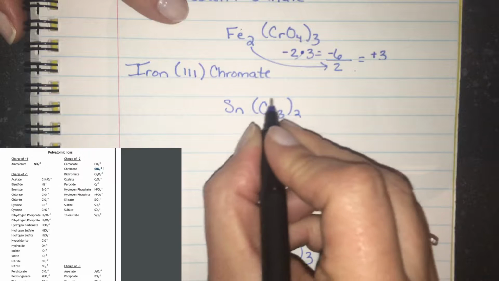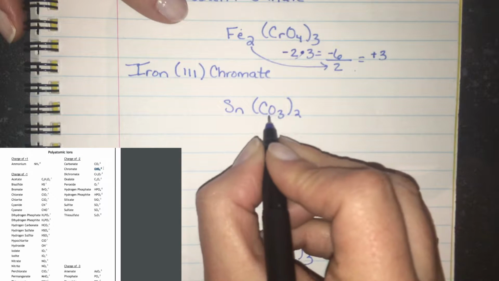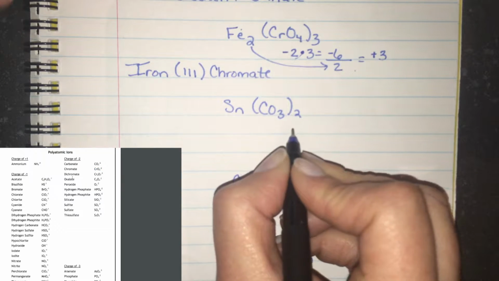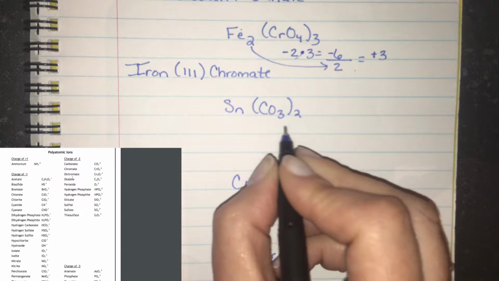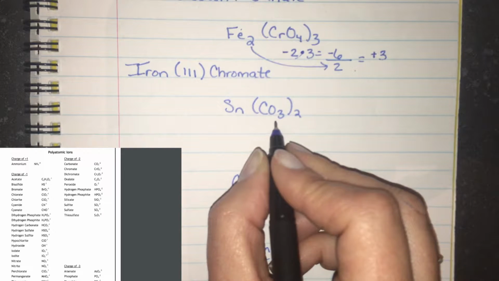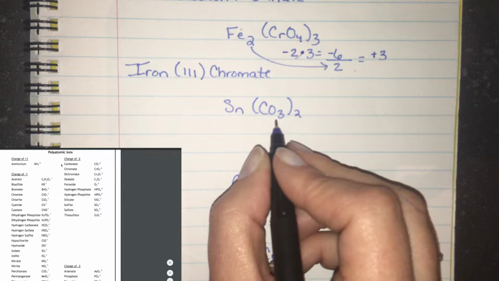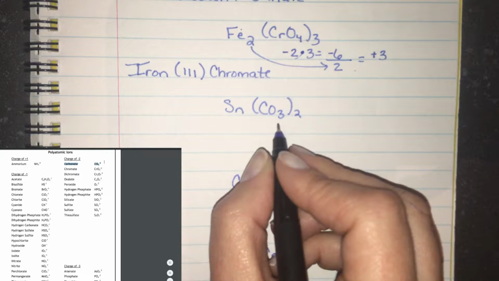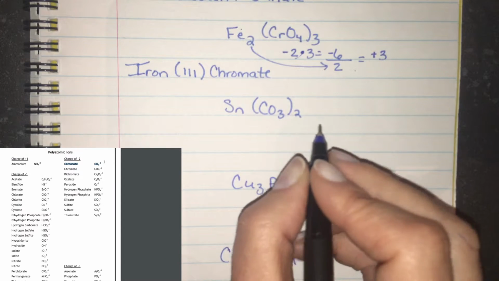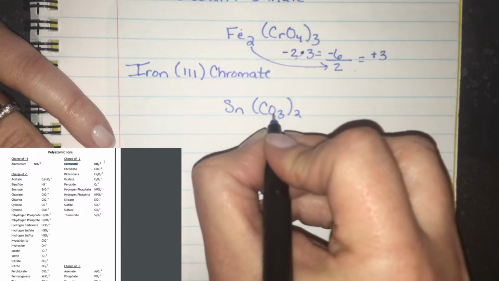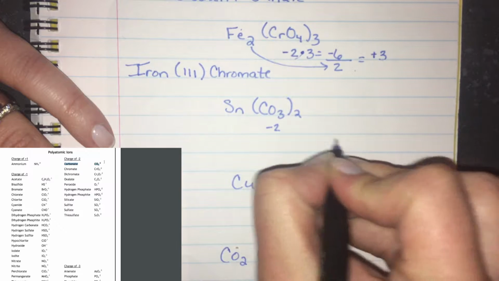So we just need to find, this is not on the periodic table, right? This is a capital C, capital O. So we will have to find it on the polyatomic ion sheet. Capital C, capital O is CO3, so it's carbonate, okay? So CO3 has a -2 charge.